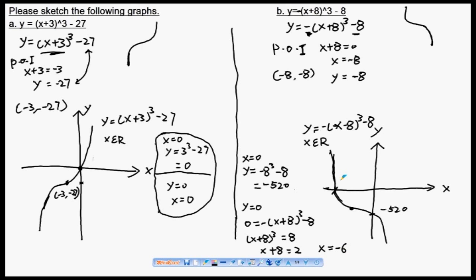So our x-intercept is minus 10. Now that's our graph for question B. It's pretty simple to draw once we have the point of inflection.